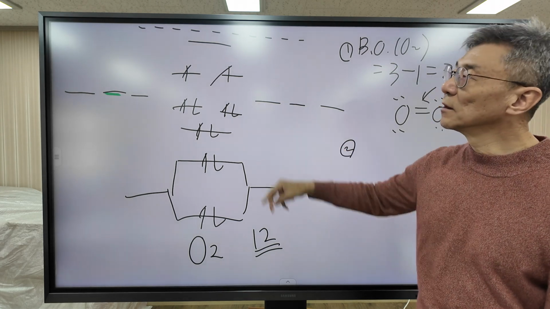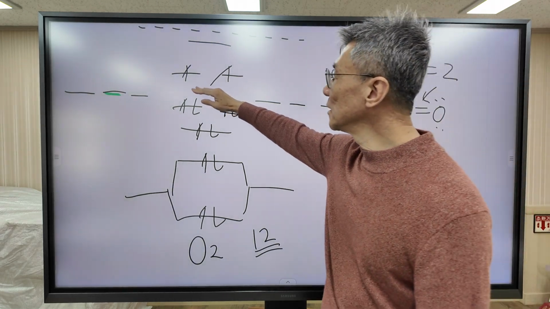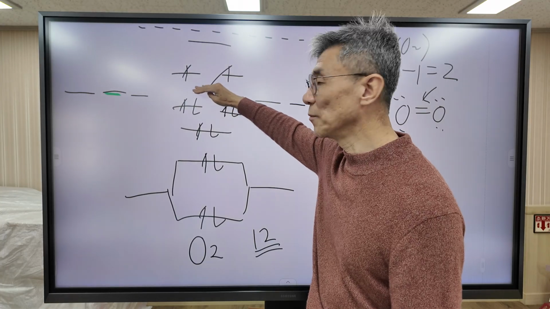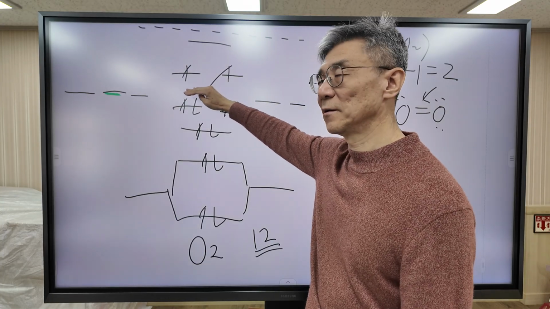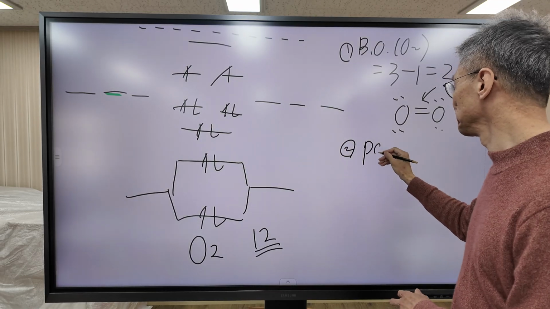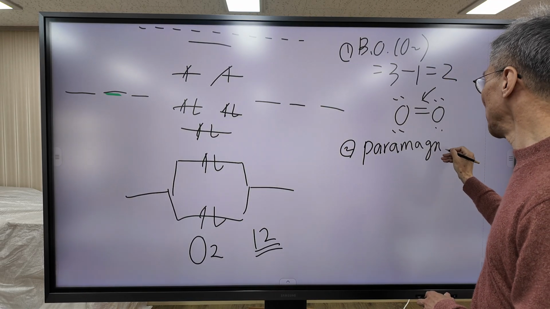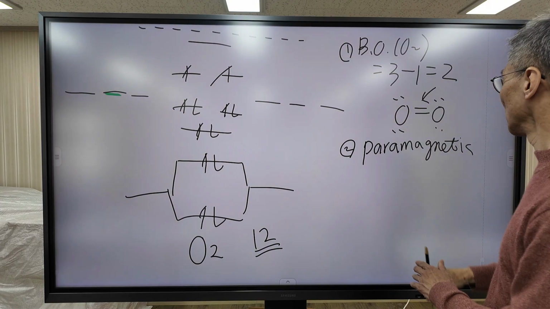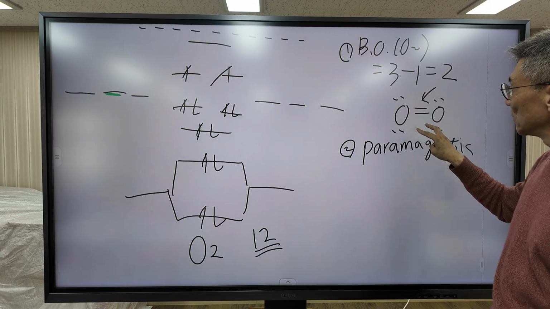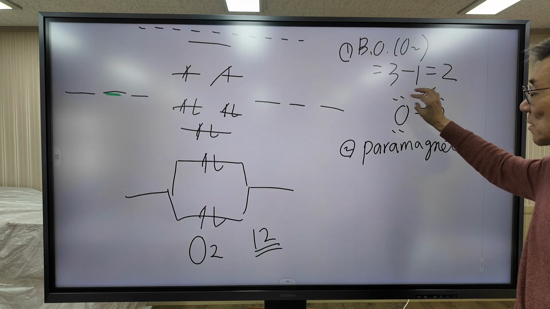When you look at the MO diagram, you can see two unpaired electrons appear. So it is paramagnetic. But according to the Lewis diagram, the magnetic property must be diamagnetic because all the electrons are paired.